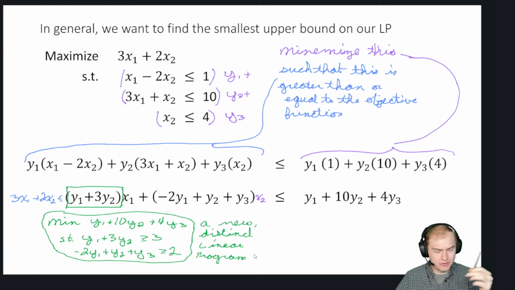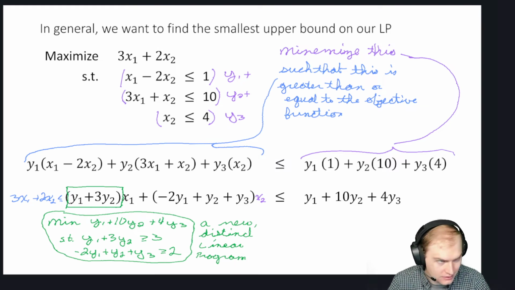And as it turns out, with linear programs, that actually is the tightest upper bound possible. Spoiler alert for tomorrow's lecture.